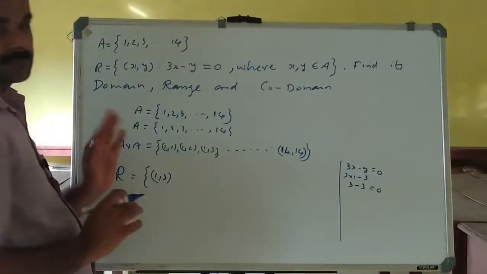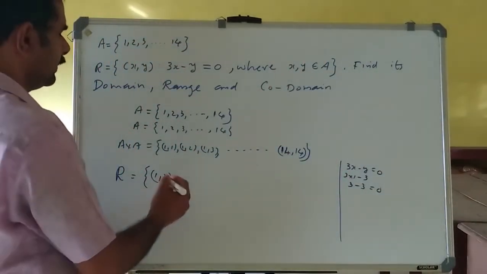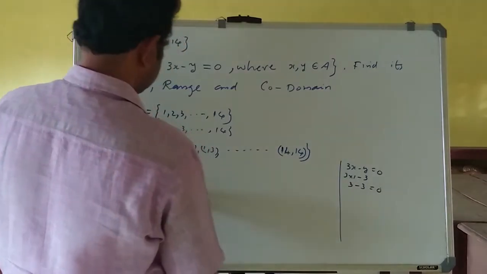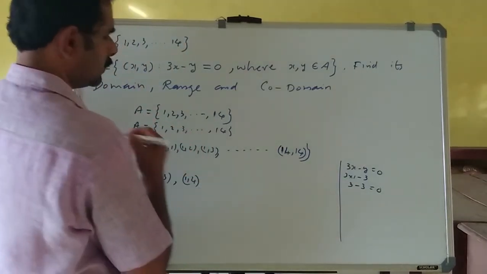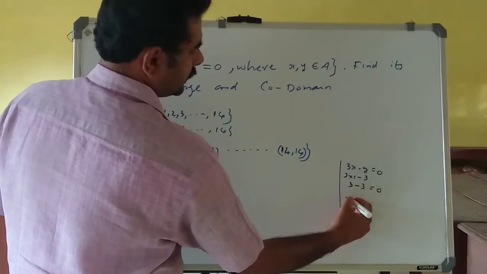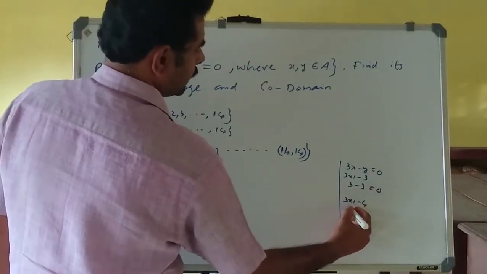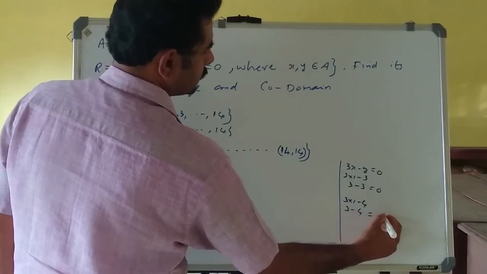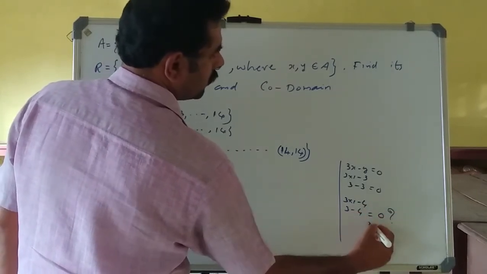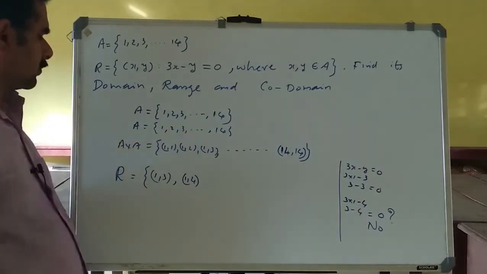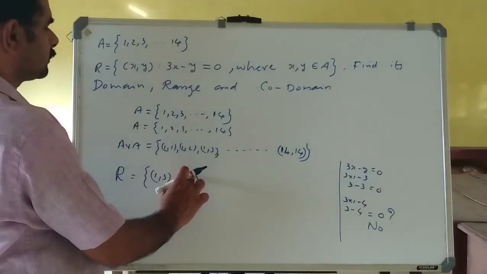Okay. So 1 comma 3 is possible. Then if you take 1 comma 4, substitute: 3 into 1 minus 4, 3 minus 4. Is it 0? No, not possible. So 1 comma 4 is not possible.